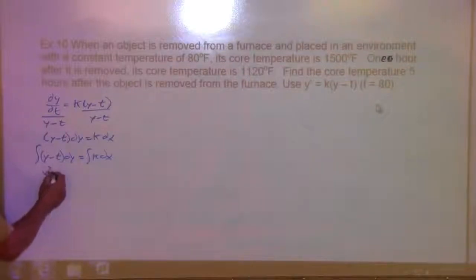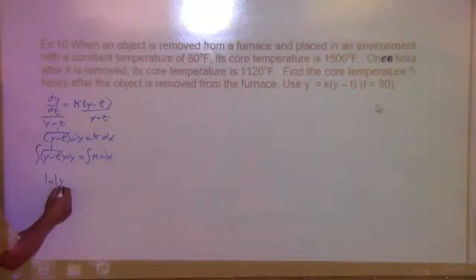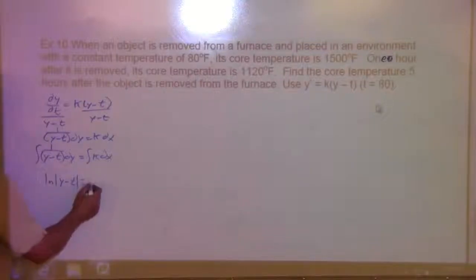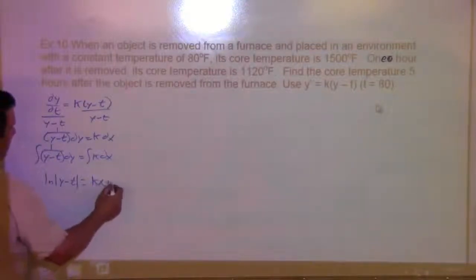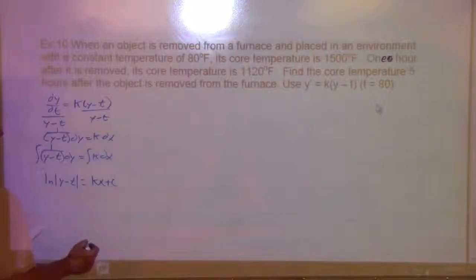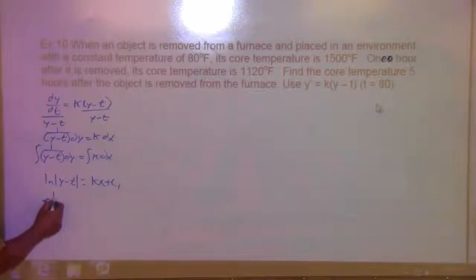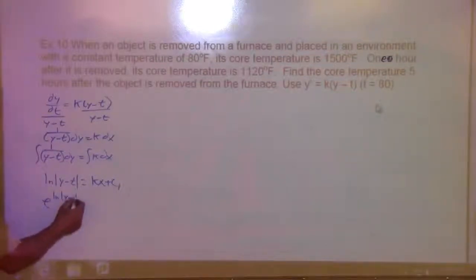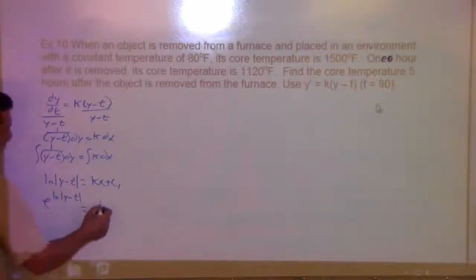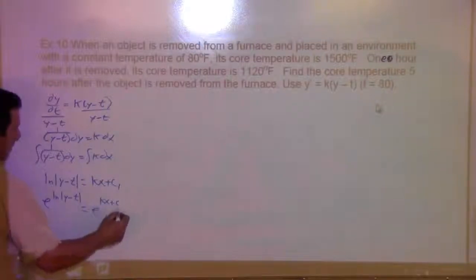That becomes the natural log of the absolute value of y minus T equals kx plus C. Call it C1. So e to the natural log of the absolute value of y minus T equals e to the kx plus C1.